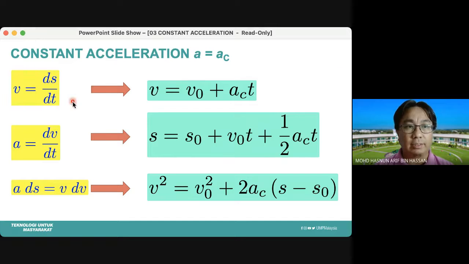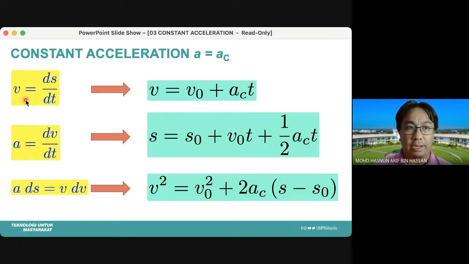If you have problems with differentiation and integration, you have to go back to your mathematics, to calculus, and do some revision, because in this first chapter on kinematics we will use a lot of differentiation and integration.